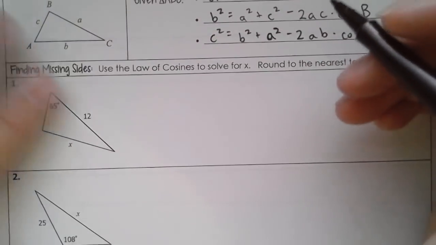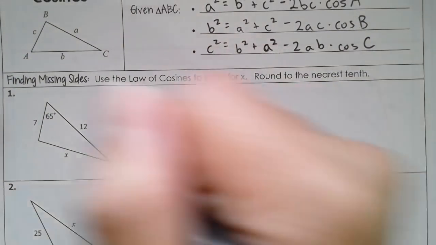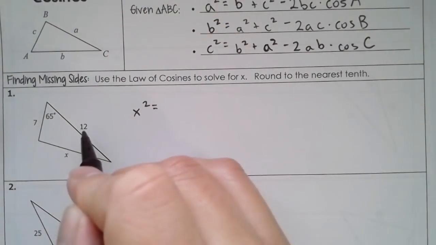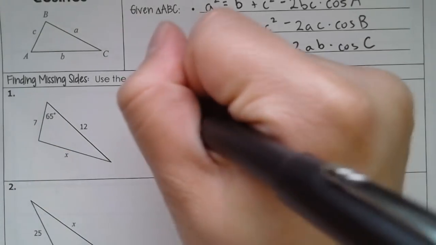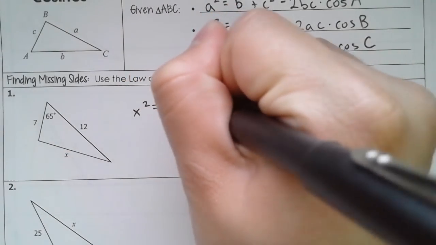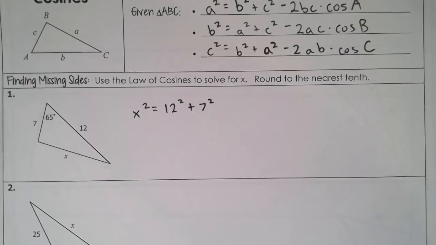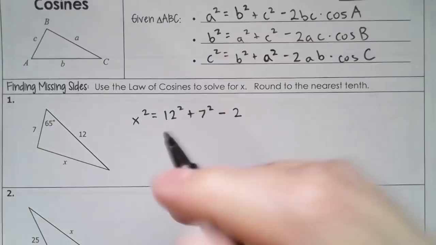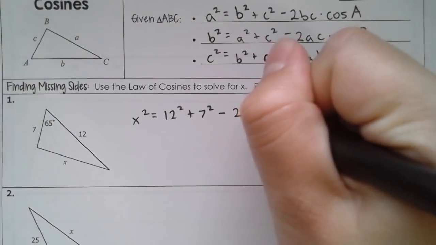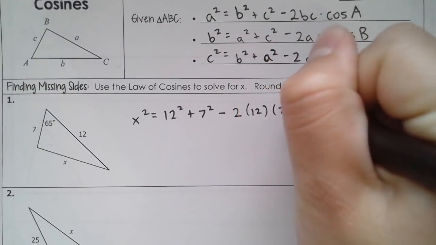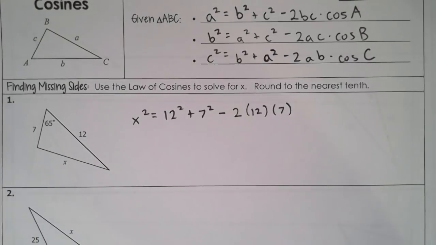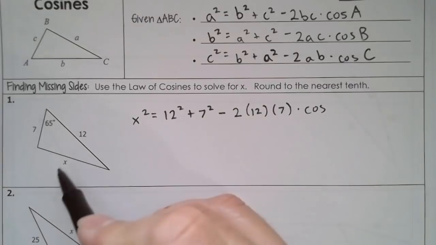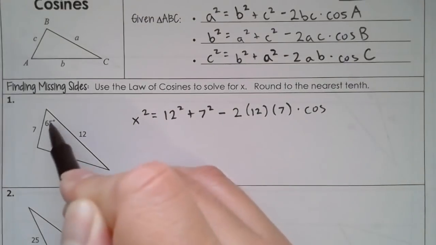So for the first one, I have x squared is equal to the sum of the other two, 12 squared plus 7 squared. And again, it doesn't matter which one I take, because they get squared and they get added anyway. Minus 2 times, take each one, 12 times 7, times the cosine of the angle opposite the side you're taking, x squared here, so 65 degrees.